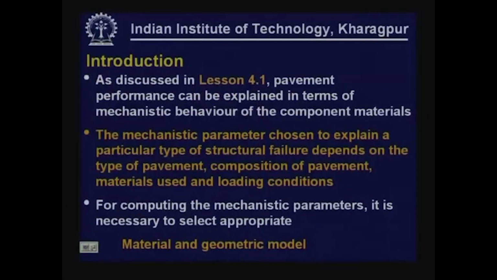Also, for computing these selected mechanistic parameters, it is essential to select appropriate material and geometric models. Like in the case of any other structure, it is necessary to select a proper geometric model and also a proper model which represents the materials that are used in the pavement.